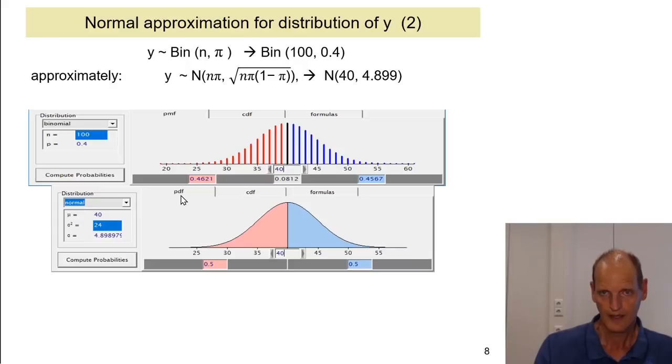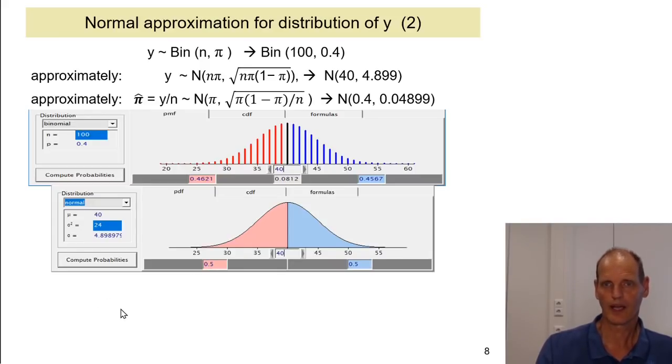Also note that this is called a PDF, a probability density function, and the probabilities are given by areas under the curve, and here it's the probability mass function, and the probabilities are given by the length of each of these bars. So the sum of all these bars is 1, and here the area under the curve is 1 as the total probability.